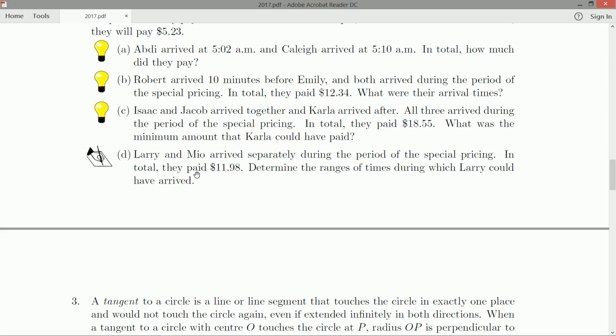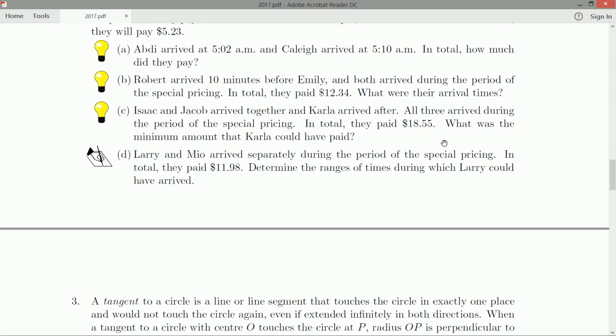Okay, D part, the written part. Larry and Mio arrived separately during the period of special pricing. In total, they paid $11.98. Determine the ranges of time during which Larry could have arrived. Okay, we have to write everything up, which hasn't been my strongest suit for these ones.